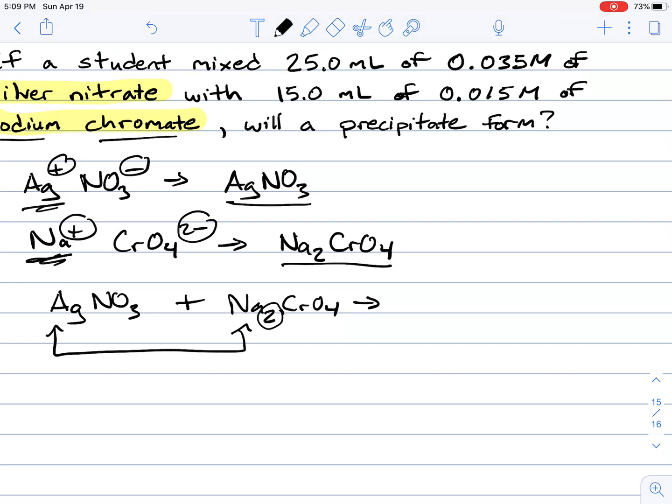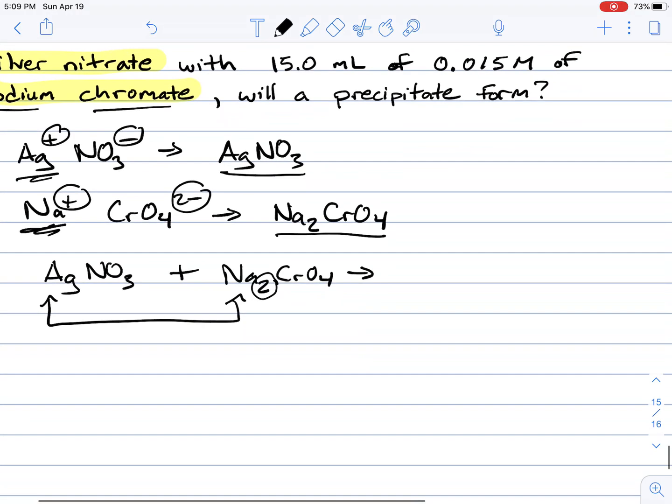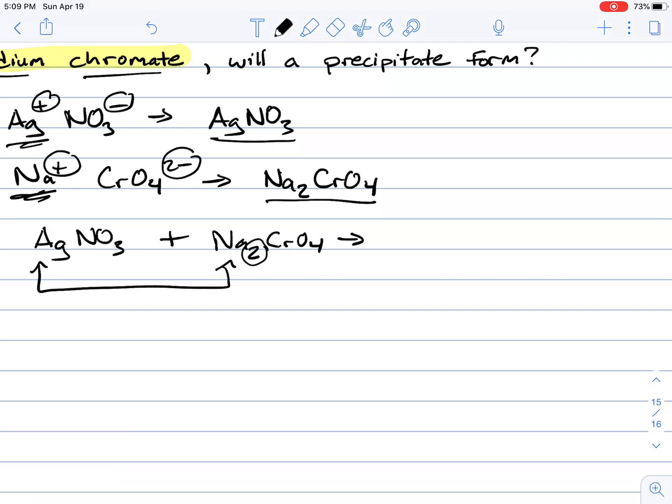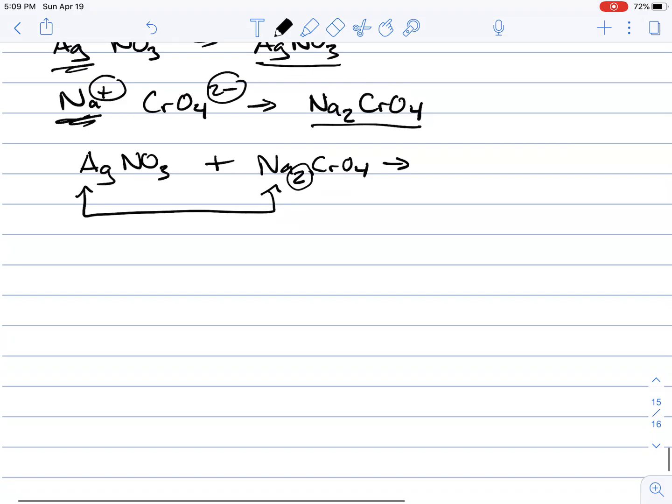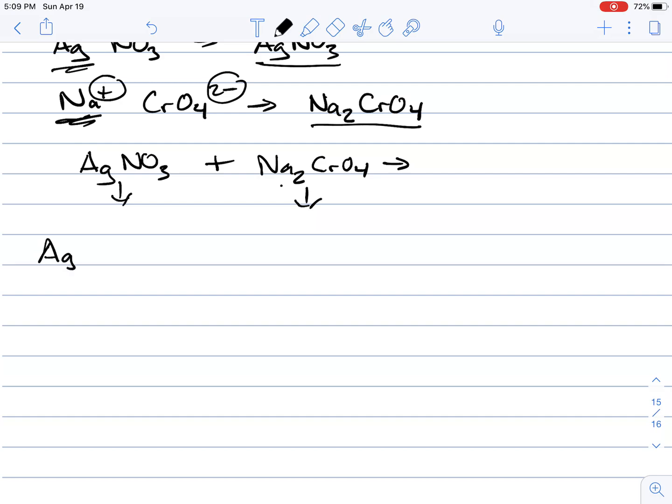You will have to think about how the original charges are going to affect your new products. Typically I like to go ahead and show my work here. I'm going to write my reactants in their ionic form. So I have silver plus, nitrate with a negative charge. Here I have sodium with a positive charge and chromate with my -2 charge.